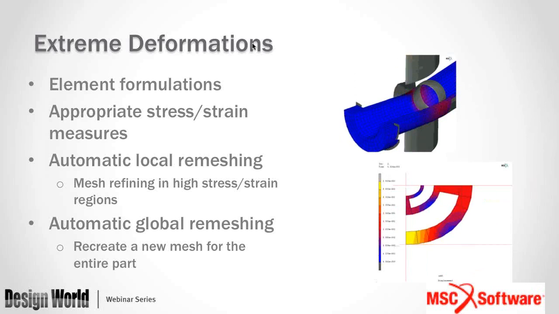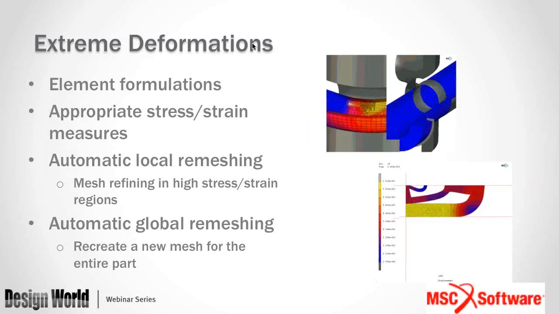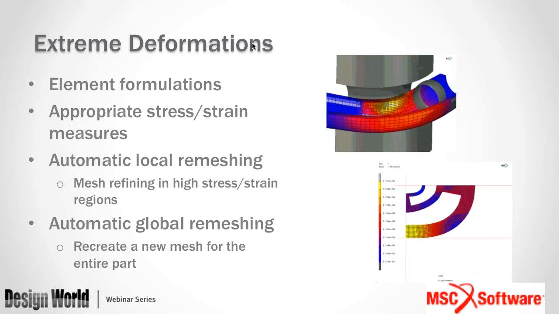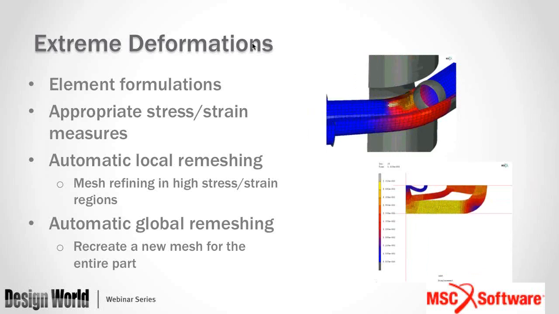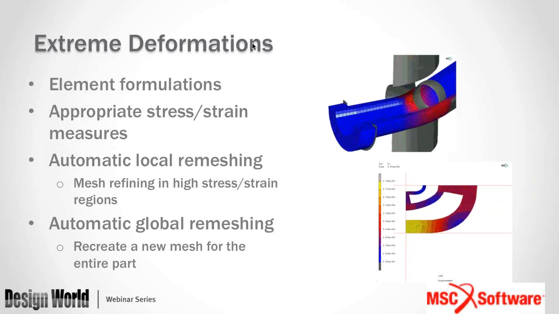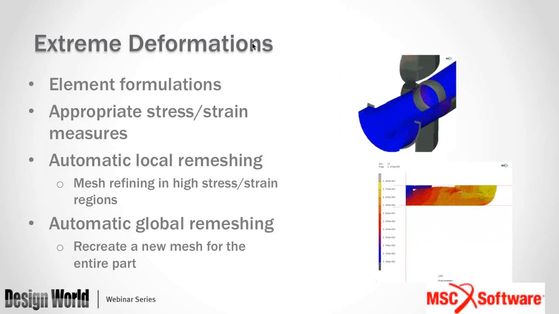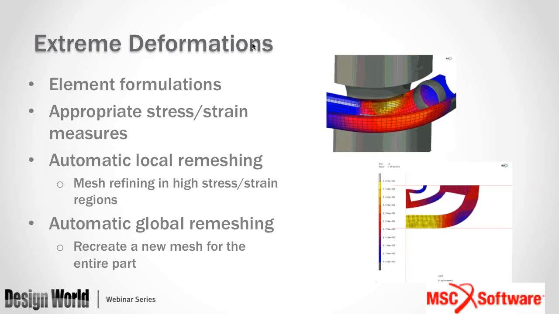There are some manual approaches whereby you run this, and once you know where the problem is, you can go back and manually update the mesh and rerun the analysis. Once again, for problems with very large distortions, this can be very, very time consuming, and they may not come up with a solution in time.